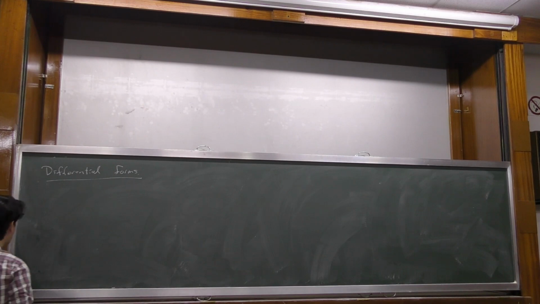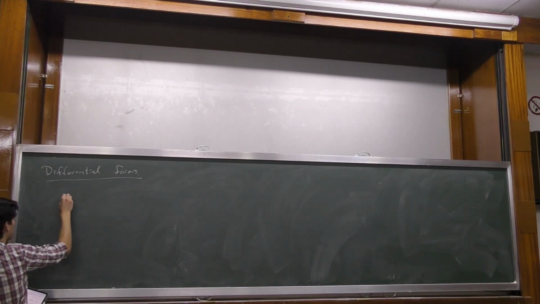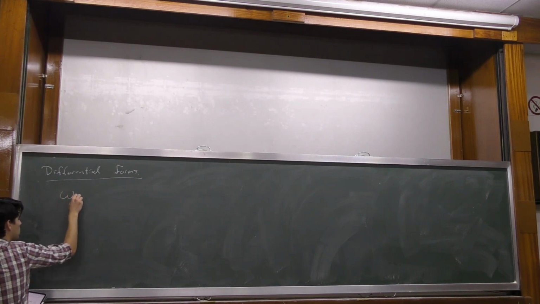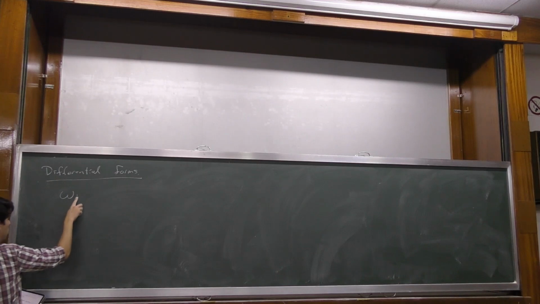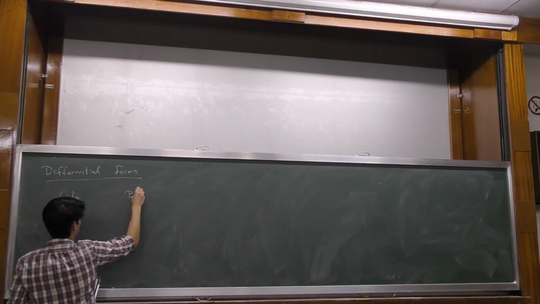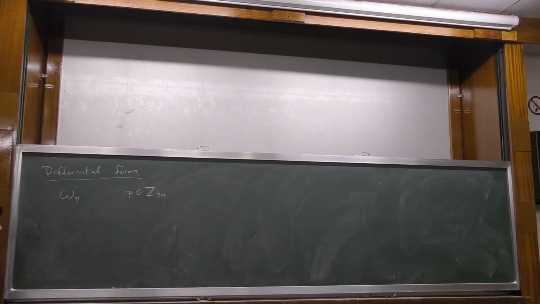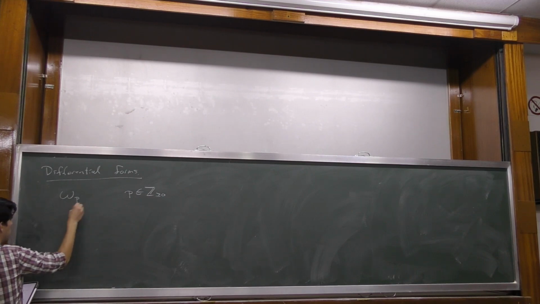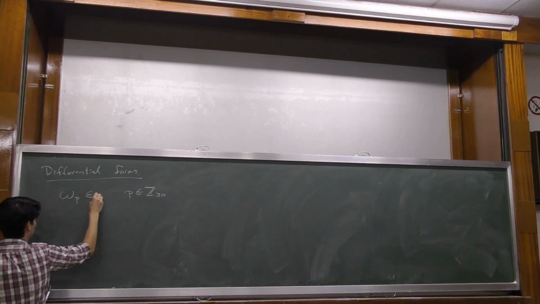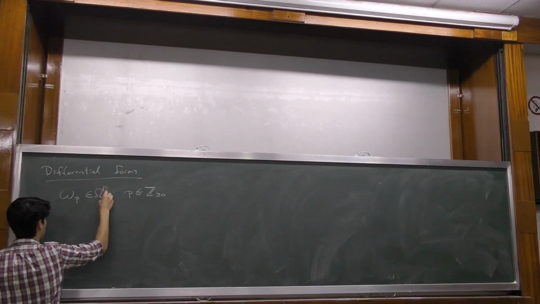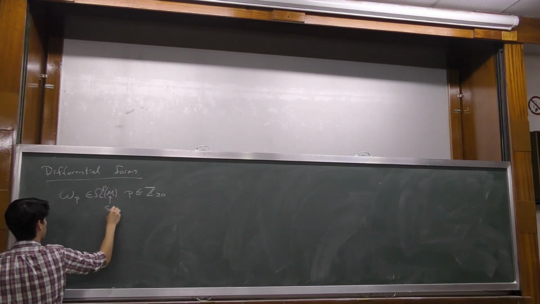So differential forms are like this. Here, p is a non-negative integer. I'm going to write this as omega p, on my Euclidean spacetime.